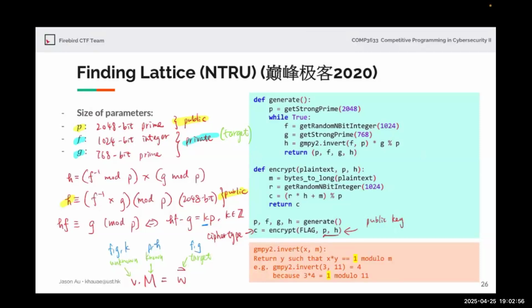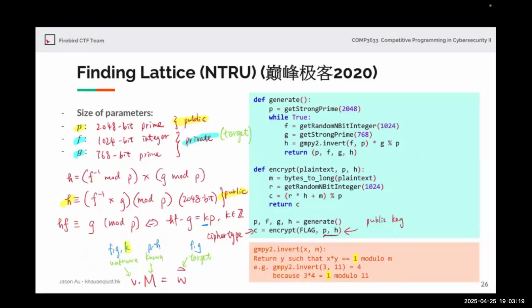So how do we put these inside? Our target is F and G, so we must make some sacrifice. We can put K here because K can help us, and it is not inside here. And F and G, which one?